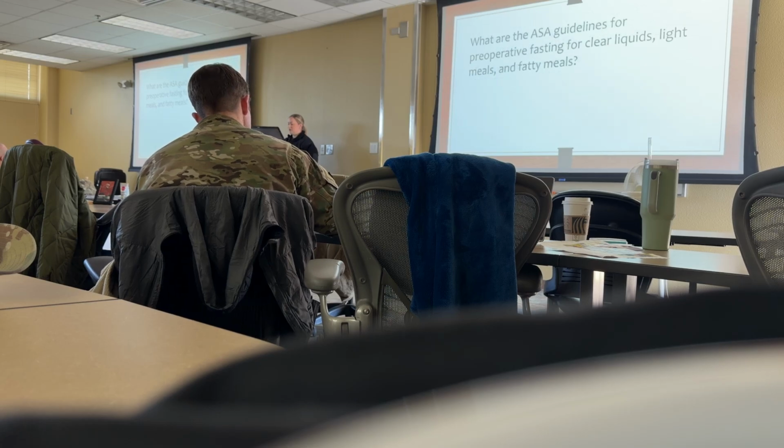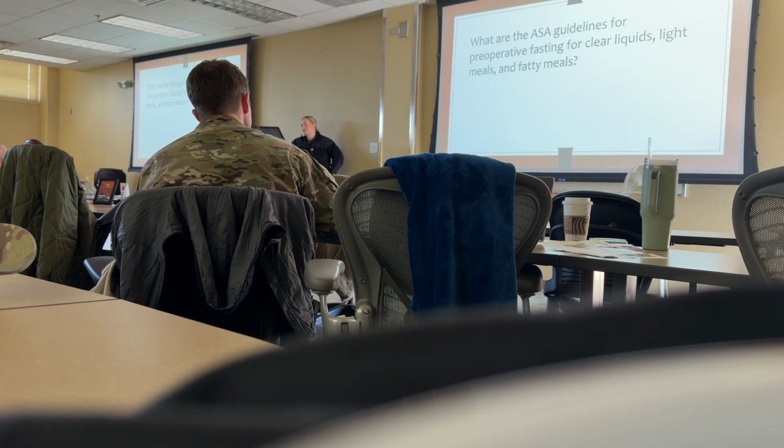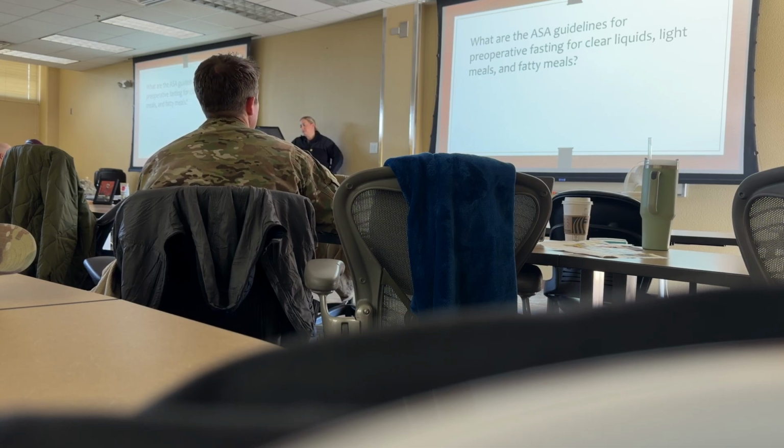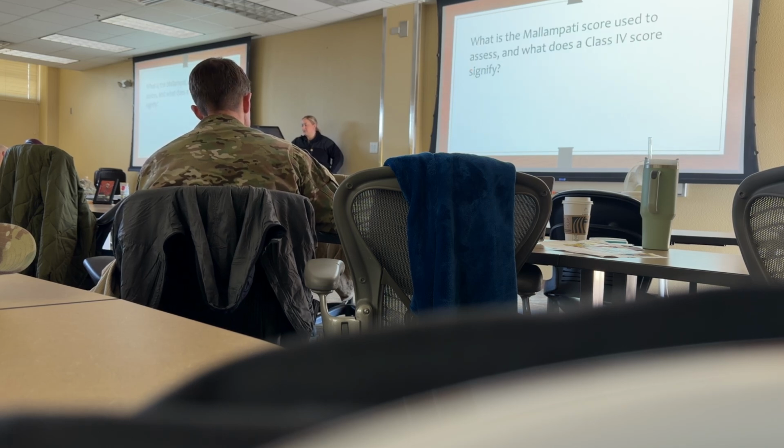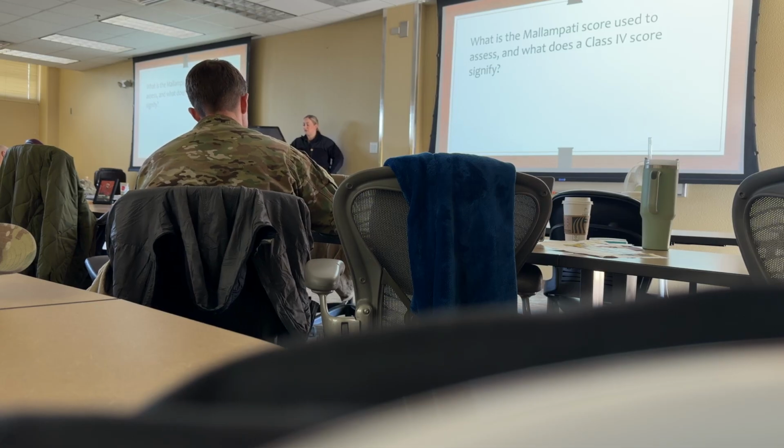What are the ASA guidelines for preoperative fasting for clears, lights, and then fatty meals? 268. Yep, 268. Good. What is the Mallampati score used to assess, and what does class 4 mean?